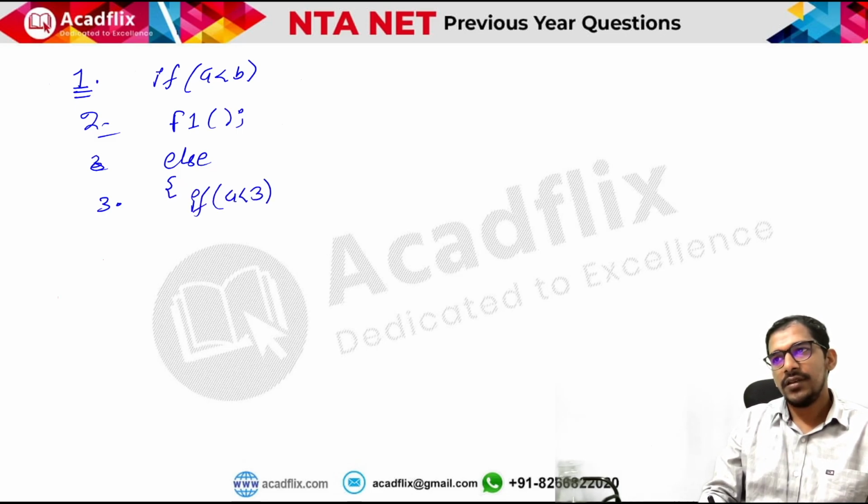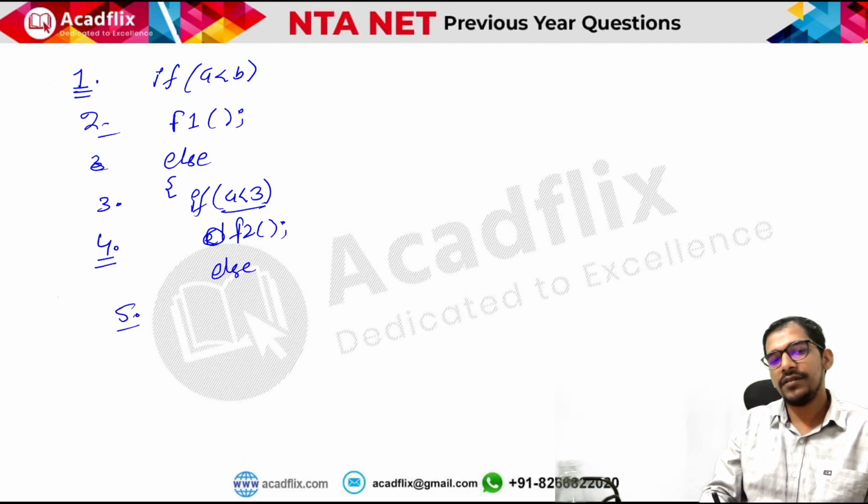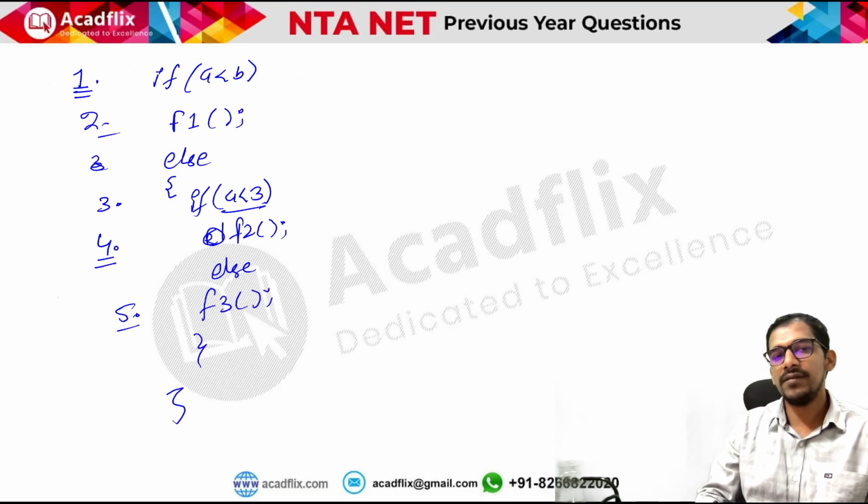So if a is less than c, then call the function f2, the fourth statement. And if the condition is false here, else call the function f3. So this is your program in which you have 5 statements.